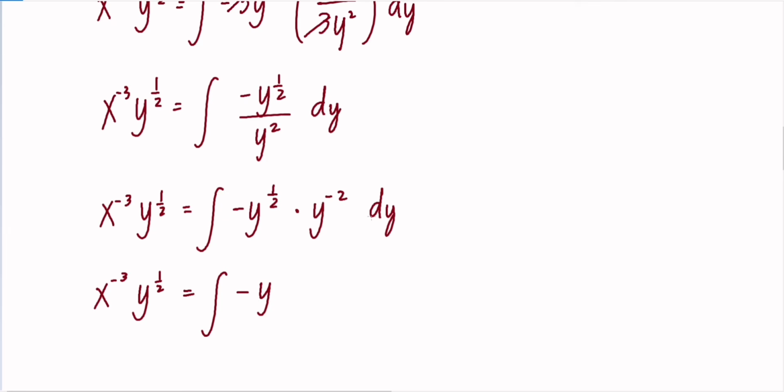So, pagka nagmumultiply tayo ng dalawang letters na magkaparehas na letter, ang ginagawa natin ay ina-add natin yung exponent nila. Parang, halimbawa, x cubed times x squared. Diba? Ginagawa natin x raised to 3 plus 2 or basically x raised to 5 kasi we are adding the exponent. So, ganun din dito, same basis, si y, negative y raised to 1/2 at saka si y raised to negative 2.